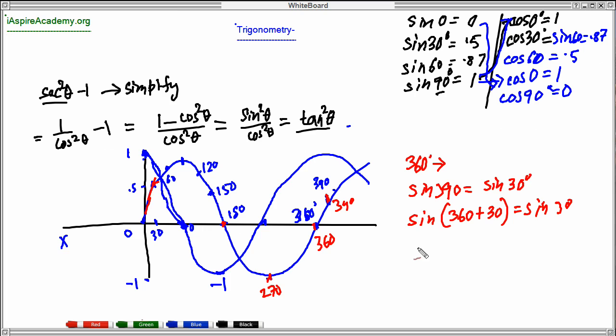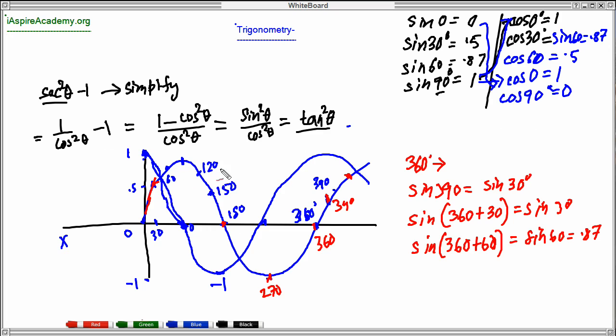In the same way, sine of 360 plus 60 would be the same as sine 60, which is 0.87. And you can get it by looking here. Sine of 360 plus 60 is around 420. In a similar way, you can also find out the cosine repetition length.